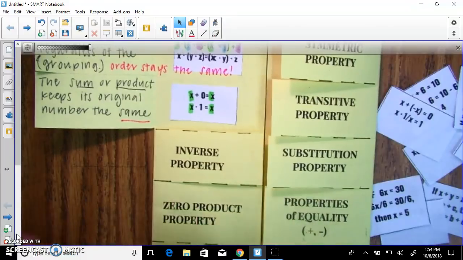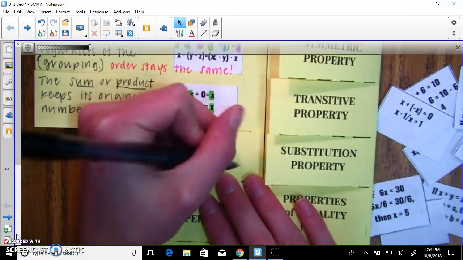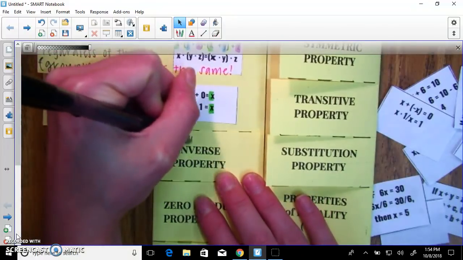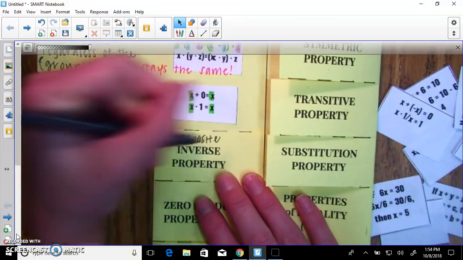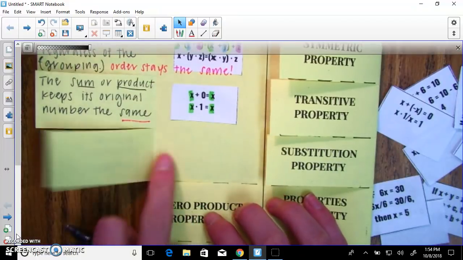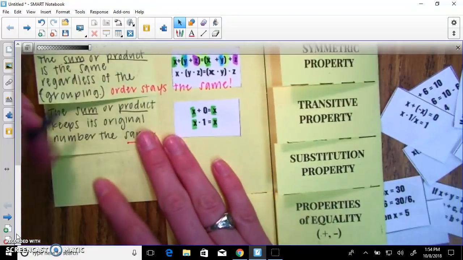For the inverse property, we should automatically be thinking of the word opposite. And opposite is going to mean a couple different things when it comes to addition and multiplication.